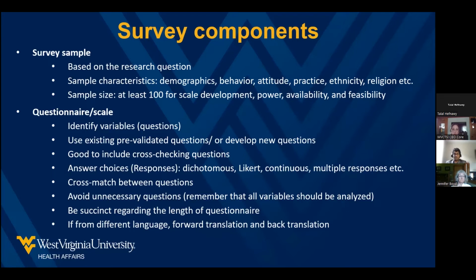So a validated question is important, and it is good to include cross-checking questions. What is that? Cross-checking questions means when you ask something, the outcome or the findings we get, we can sometimes use some other questions to validate that. For example, we are asking, what is your age? And maybe a person says, my age is 40.